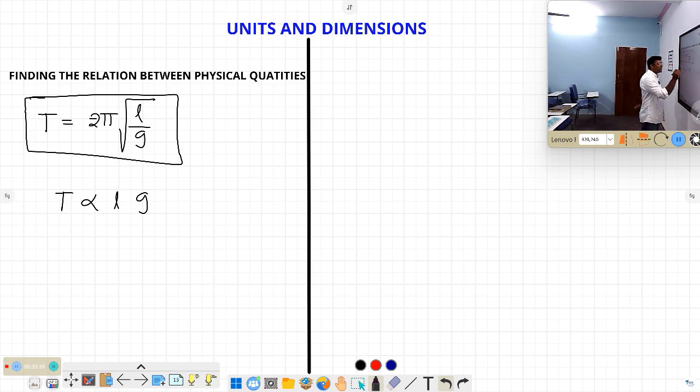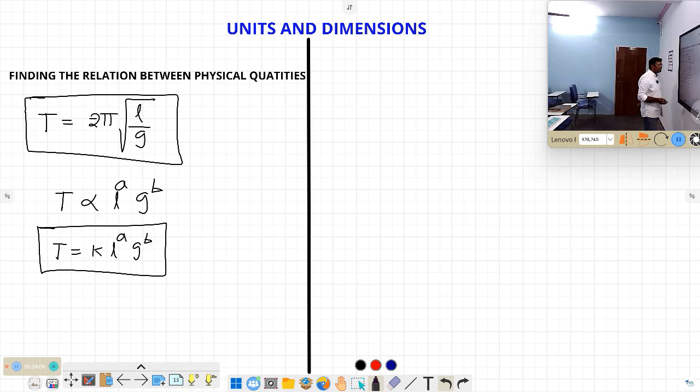T is proportional to L into G. For length, we don't know how much the power is raised, so take it as A. Gravity also, take the power as B. So T is proportional to L power A, G power B. Remove the proportionality and keep a constant K: T equals K into L power A and G power B. Now to find the relation between T, L, G, we need to find the A value and B value.